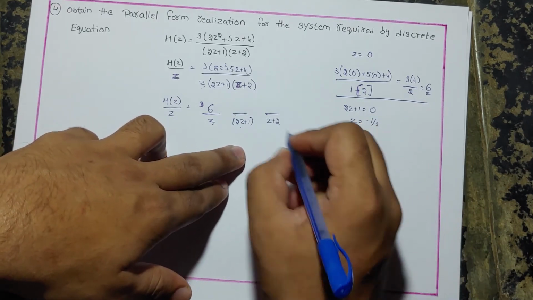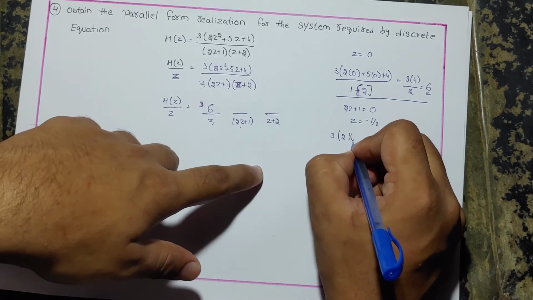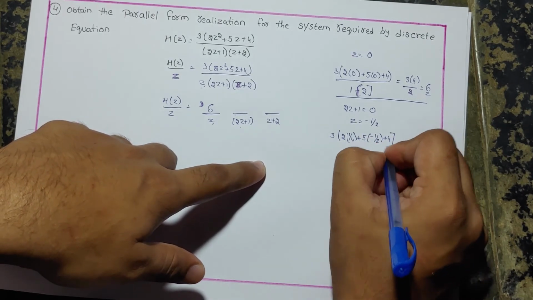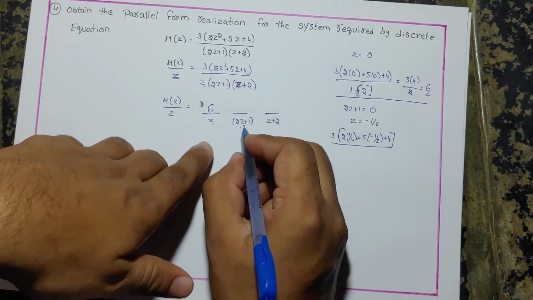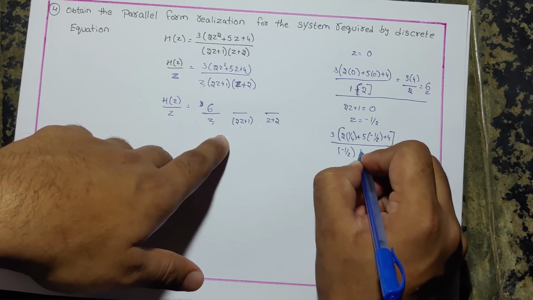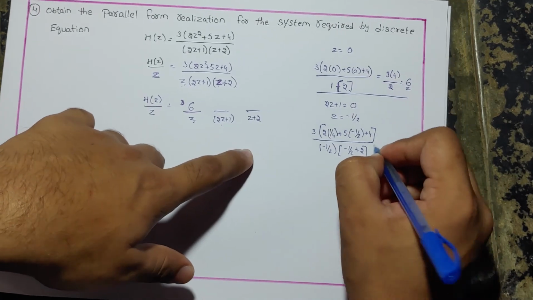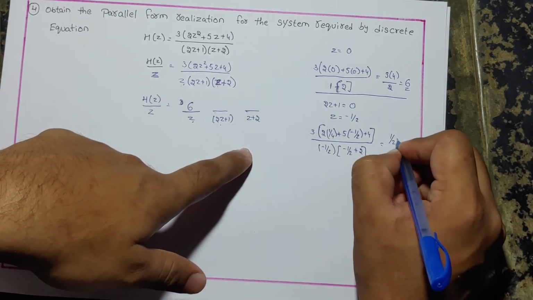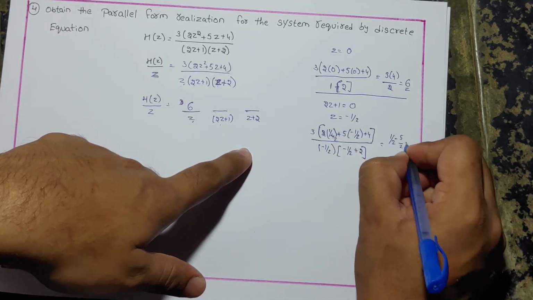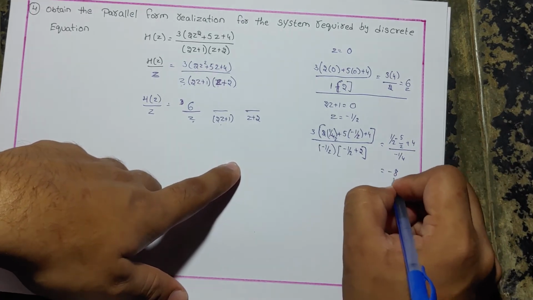Let us apply it in the given equation. 3 times of 2 into z whole square, that is 1 by 4, plus 5 times of minus 1 by 2 plus 4, divided by, we have to examine this equation, minus 1 by 2 times z plus 2, that is minus 1 by 2 plus 2, which is equal to 3 by 2, plus 4 divided by minus 1 by 4, that is equal to minus 8.